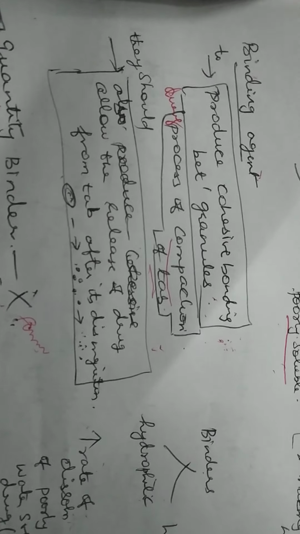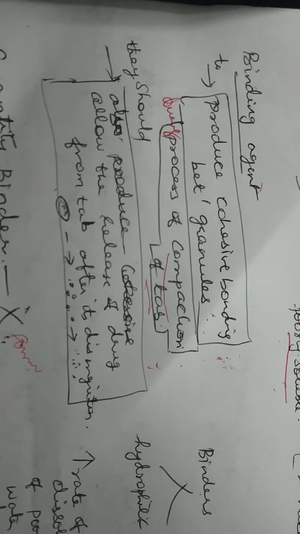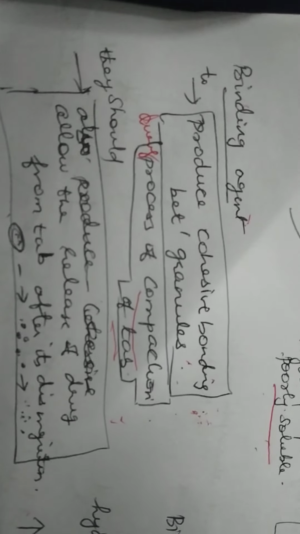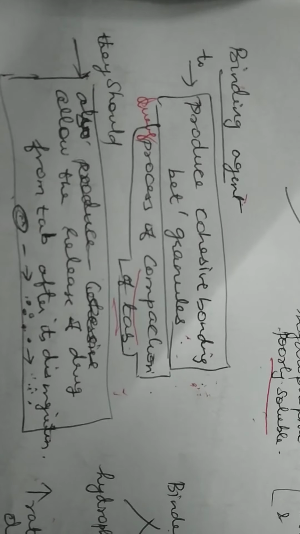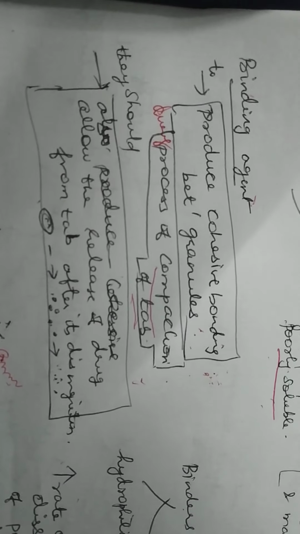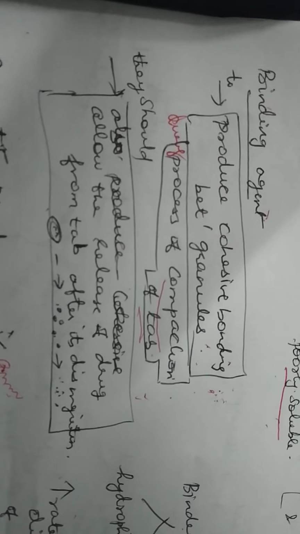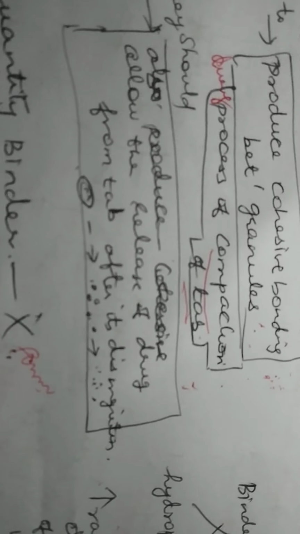Just to make the granules attach together, the binding agents are added during the process of compaction of the tablet. We add the binding agent to improve the cohesive property, and it should also allow the proper release of the drug from the tablet after it disintegrates.